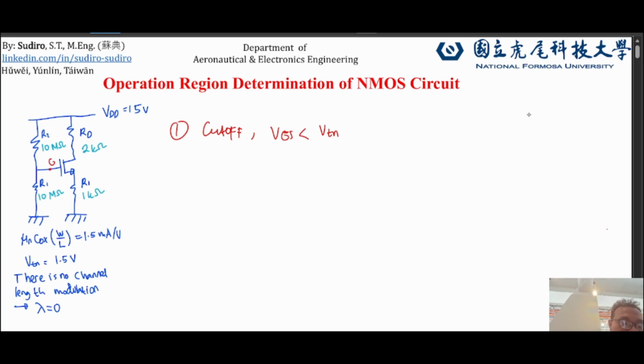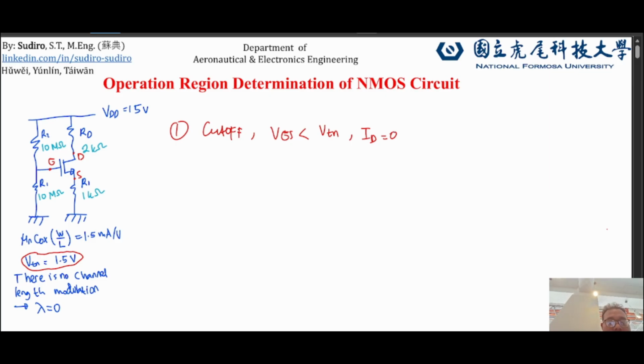Gate is here and source is here, while this is the drain. When VGS is less than VTN, which is the threshold voltage, in this case we assume that the threshold voltage is 1.5 volts. So the cutoff region means the NMOS has no current flowing through its drain and source. So ID is equal to 0.